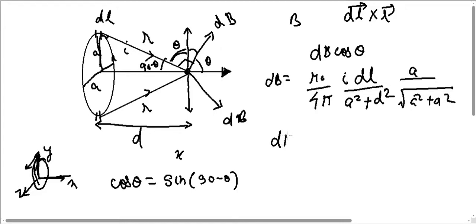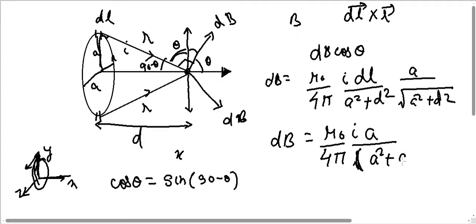So small magnetic field dB will be equal to mu naught by 4 pi, I, a divided by a squared plus d squared into square root of a squared plus d squared, which is a squared plus d squared to the power 3 by 2, and there is a dl here. Again, it is a very simple integration. Just integrate this.